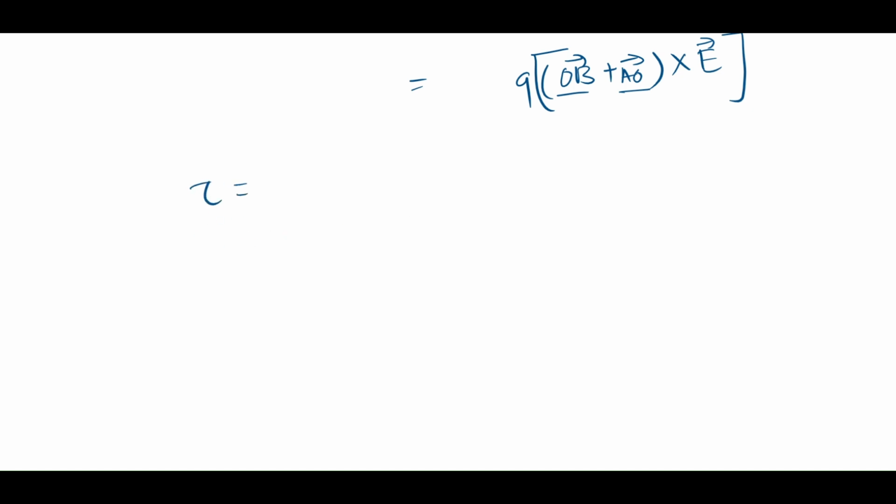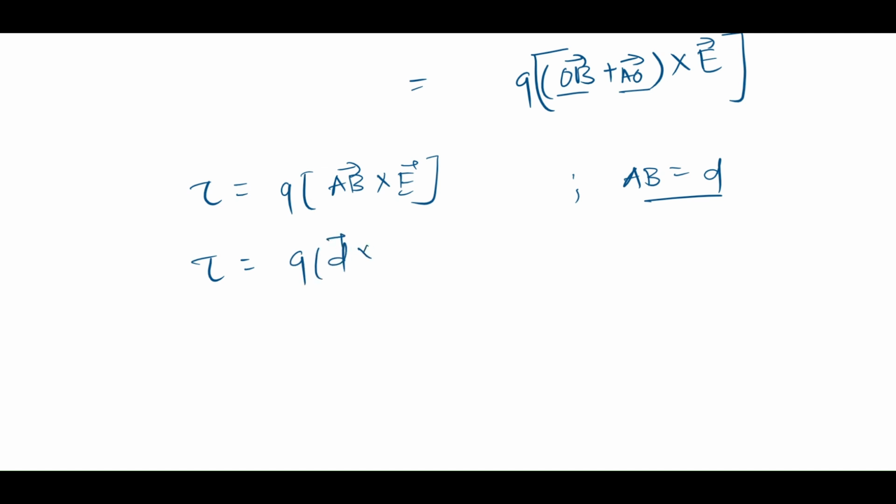Okay, so torque is q AB cross E. And we have considered that the value of AB is d. So the torque is given by q d cross E. Here the multiplication of q and d is given by p, which is called the dipole moment.